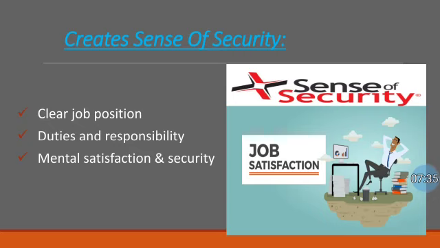A sound organization avoids confusion, misunderstanding, and overlapping of functions, which provides mental satisfaction and also a sense of job security. Employees feel secure at the workplace and dedicate themselves to the organization.